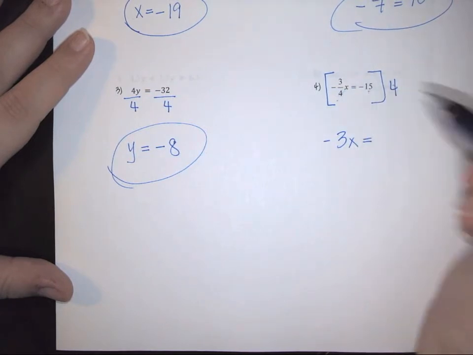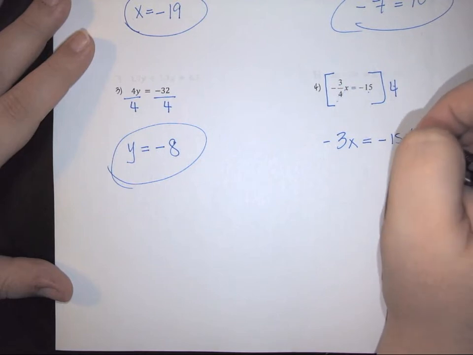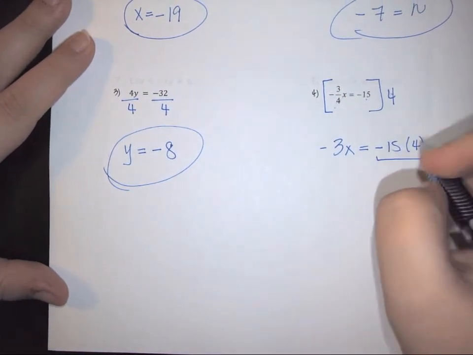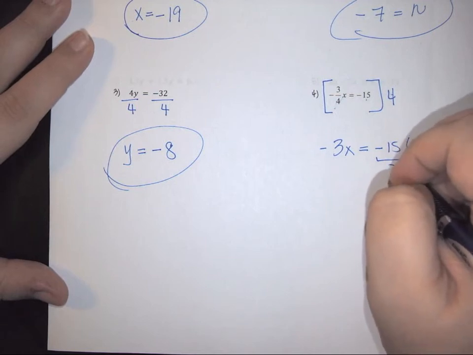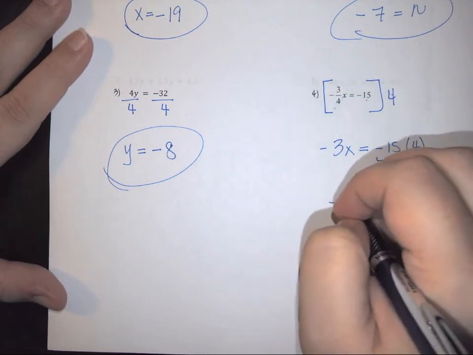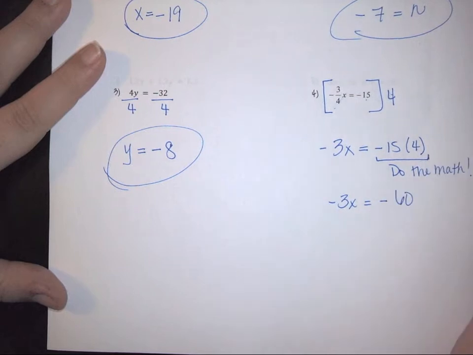And then on this side, I'm going to have negative 15 times 4. Before I move on any further, it's a good idea to do the math. Therefore, I have that negative 3x is equal to negative 60.